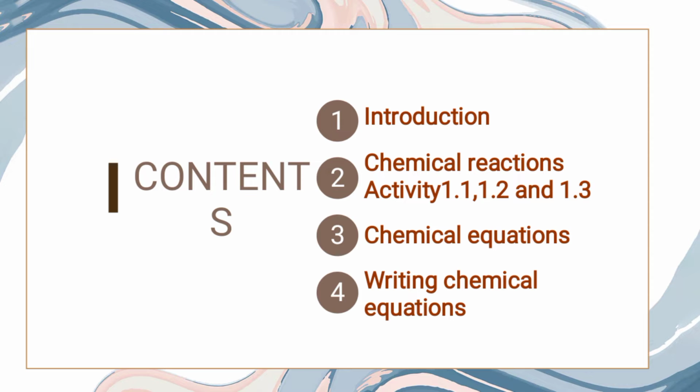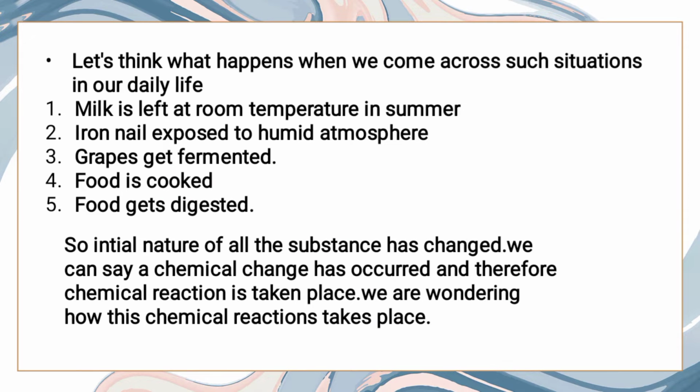So next we will begin with the introduction. Let's think about what happens when we come across some situations in our daily life. Milk is left at room temperature in summer, iron nail exposed to humid atmosphere, grapes get fermented, food is cooked, food gets digested. So in our daily life, we come across so many situations.